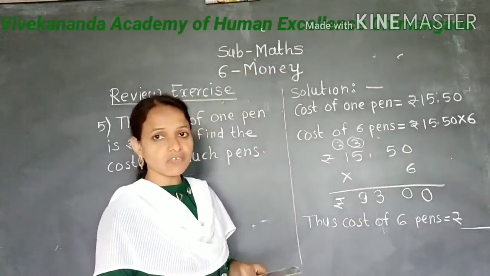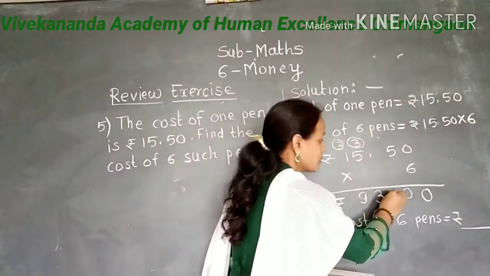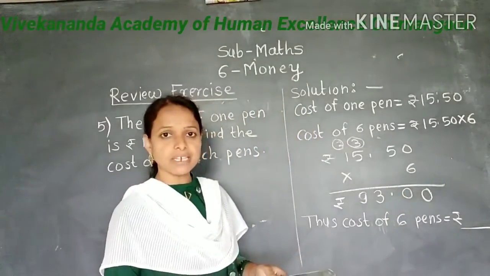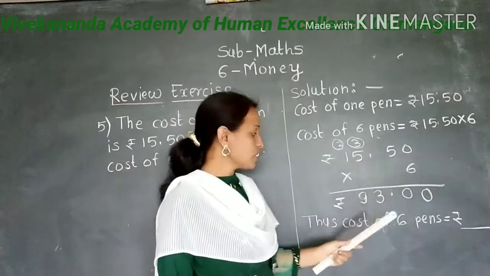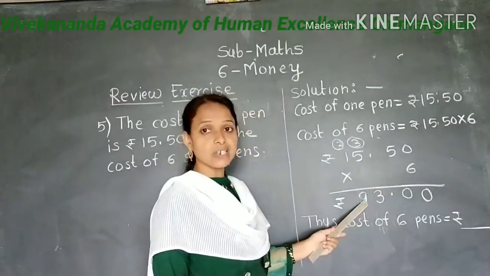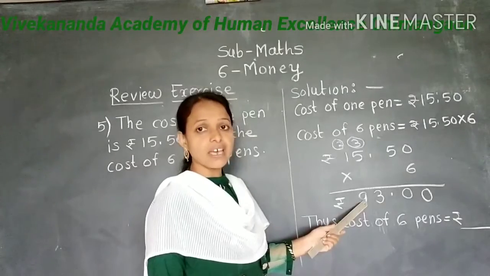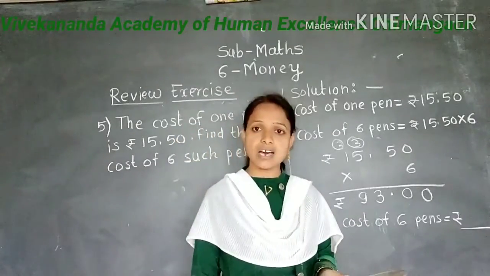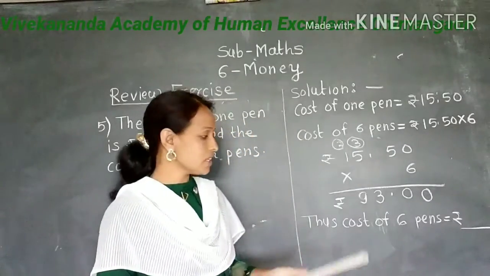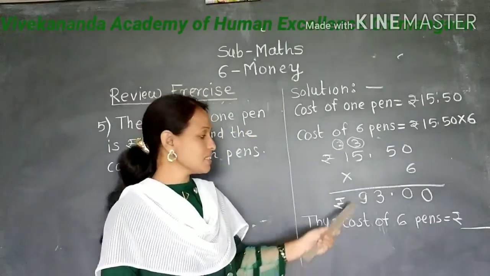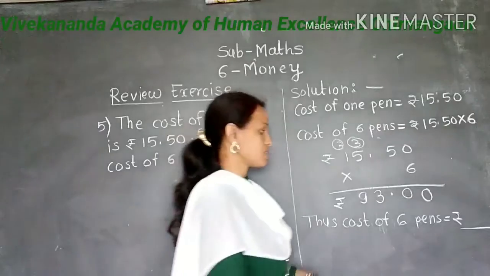Okay. Put the dot from the right of this. So here we multiply 15 rupees 50 paise by 6. We get the answer 93 rupees. Okay. And this word problem asks the cost of 6 pens. So we got the cost of 6 pens is 93 rupees.